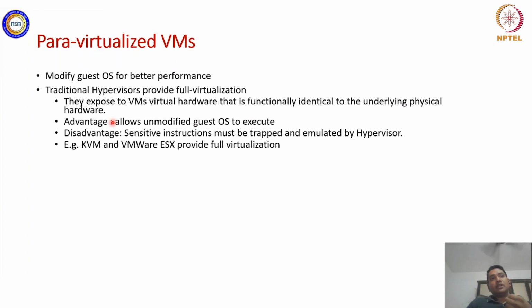Now, of course, the advantage is that you do not need to modify your guest OS. The guest OS can run as it is because it does not know that there is an underlying hypervisor running, because the full virtualization type 1 hypervisor is completely running underneath and completely transparent.